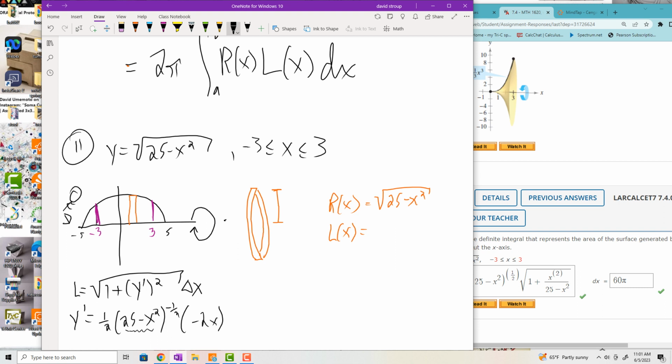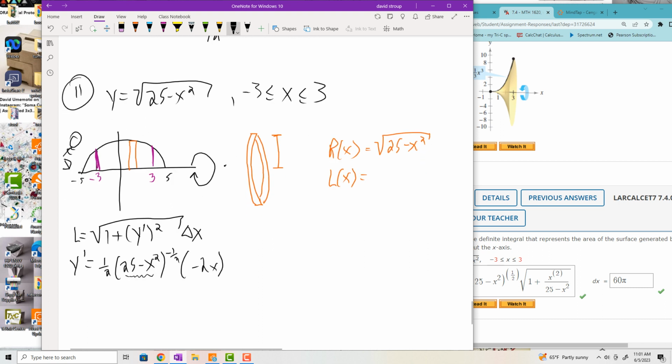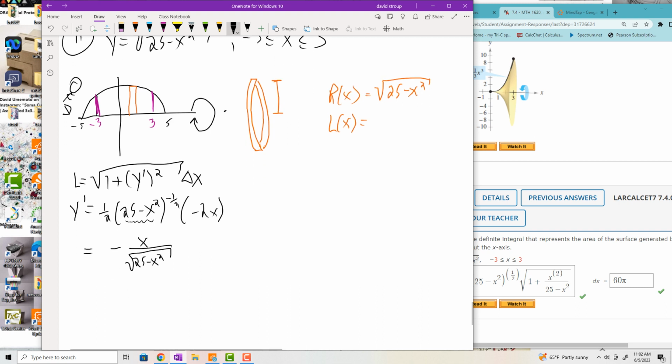Let's rewrite that and then square it. So this will be negative x all over the square root of 25 minus x squared. Squaring that, I'll end up with x squared all over 25 minus x squared, since the square root will go away.